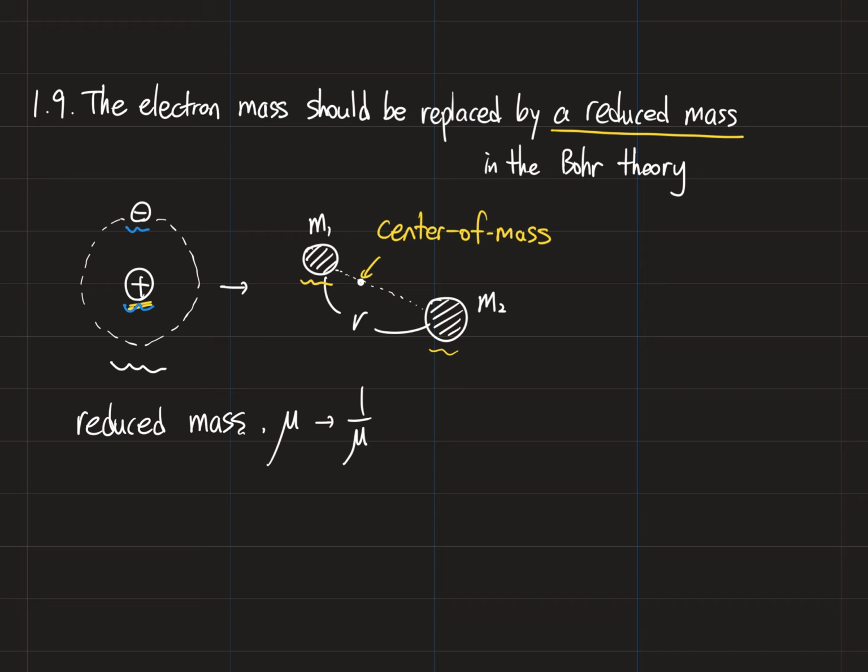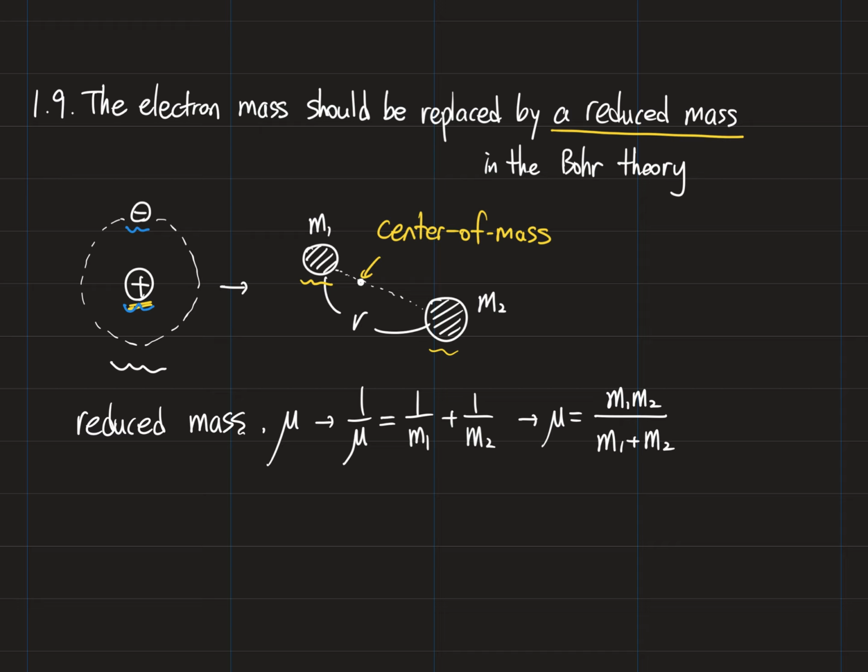So 1 over mu is the sum of 1 over m1 plus 1 over m2, which means the reduced mass mu is m1 m2 divided by m1 plus m2.